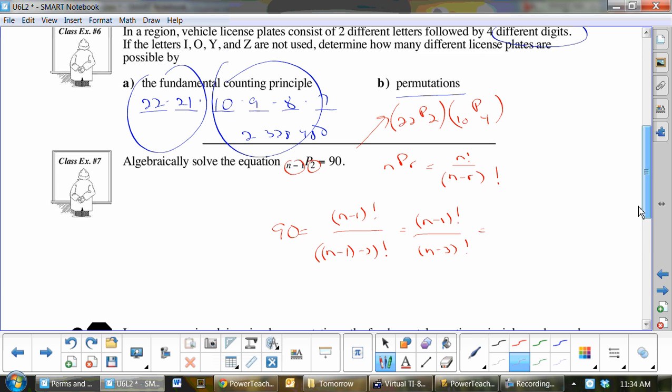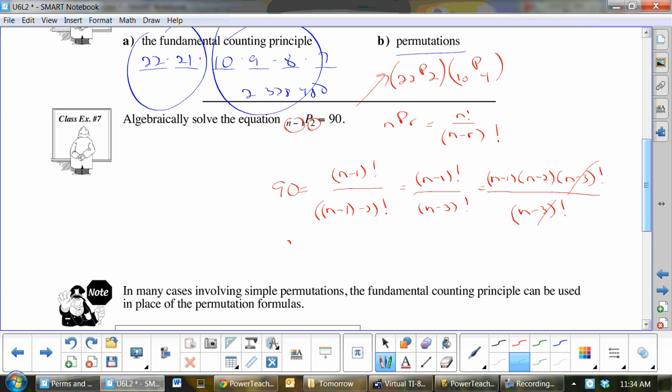Top one. So I could change that to n minus 1 times n minus 2 times n minus 3 factorial all over n minus 3 factorial. And those cancel. So now I have 90 equals n minus 1 times n minus 2.